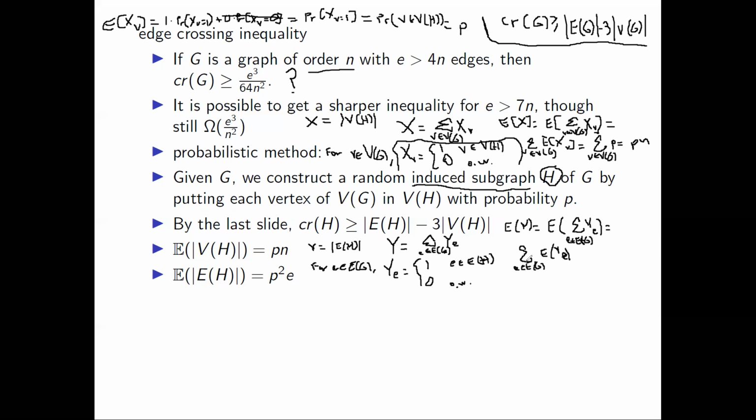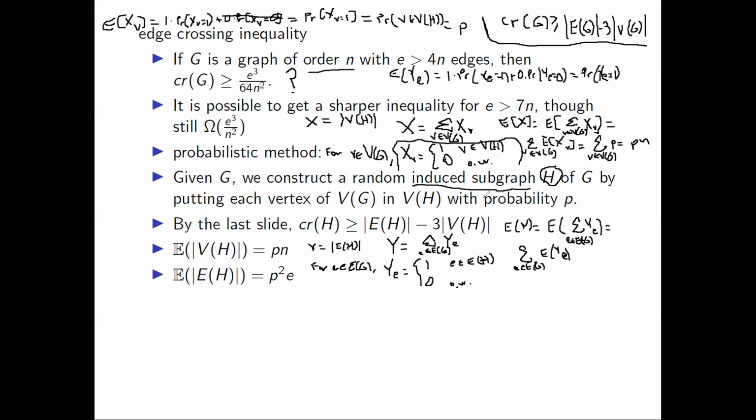So here we have reduced the expectation of the sum to the sum of the expectations, again using linearity of expectation. And we can calculate the expectation of Y sub e. So the expectation of Y sub e, using the definition of Y sub e, is just 1 times the probability that Y sub e equals 1 plus 0 times the probability Y sub e equals 0. So that gives us the probability that Y sub e equals 1 when we simplify it.